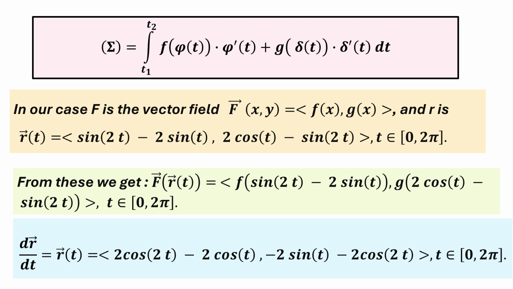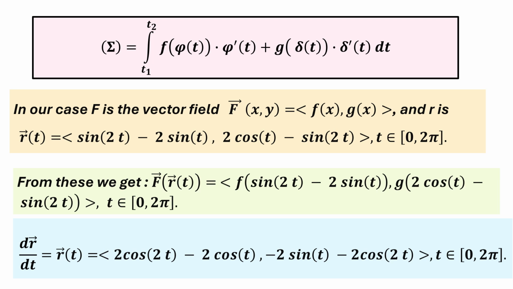Now going back to the line integral, by substituting we get a line integral of a real function of t. As we are going to demonstrate later, this line integral is our tool in order to calculate the area of the region R. Below we can see the composition of some vector field F with the given parametric curve r.